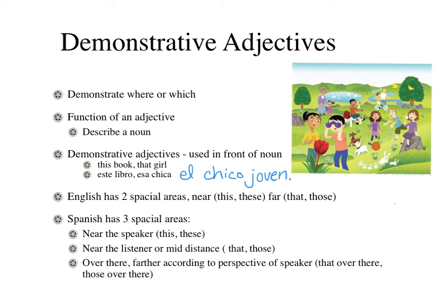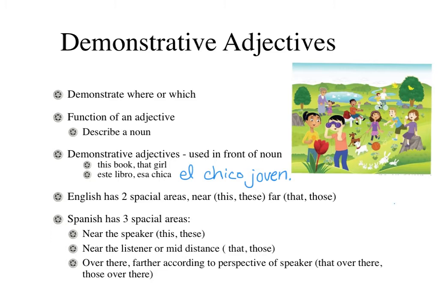These adjectives, because they're a special type, son demonstrativos, come before the noun, more like in English. So, este is an example of one of our demonstrative adjectives. It comes before libro. Ese is another example, before chica.